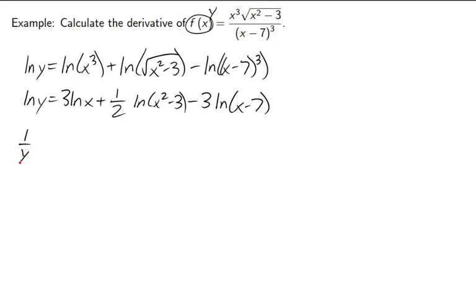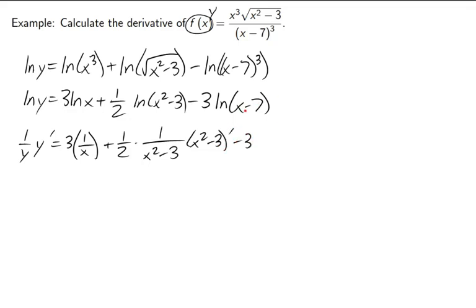So 1 over y times y prime, just like last time. 3 times the derivative of natural log of x is 1 over x, plus 1/2. The derivative of natural log of u is 1 over u times the derivative of u, minus 3.